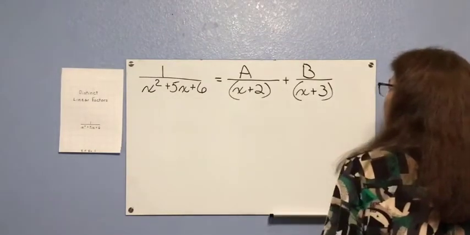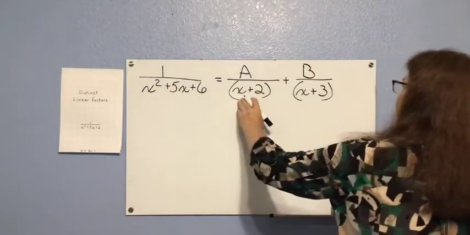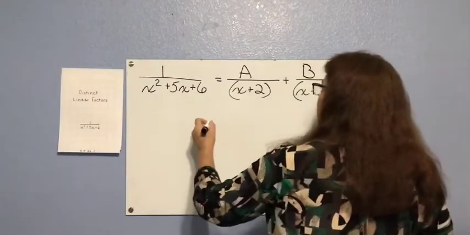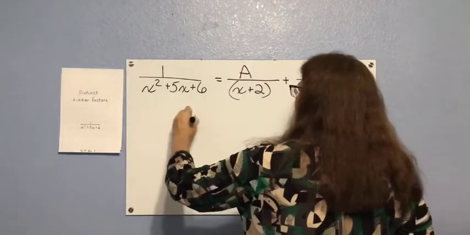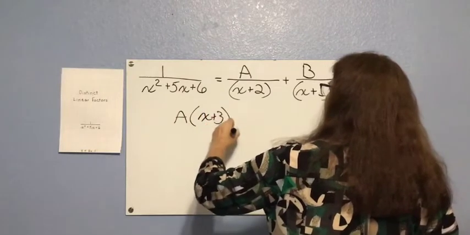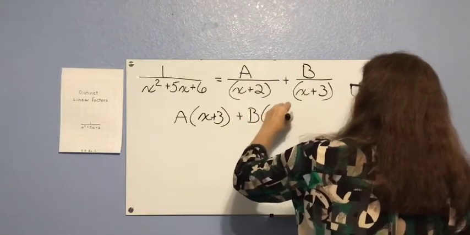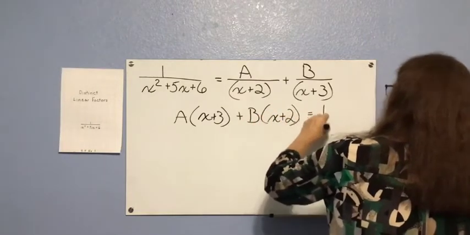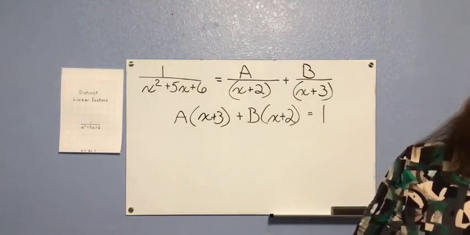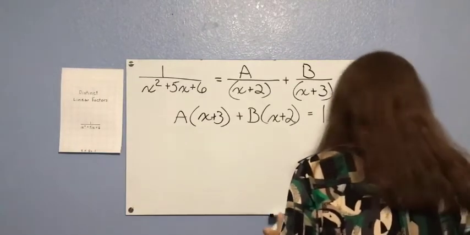The next step is to multiply this equation by the least common denominator, which is x plus 2 times x plus 3, which will give me A times x plus 3 plus B times x plus 2 equals 1. I know this is going to be true for all x.